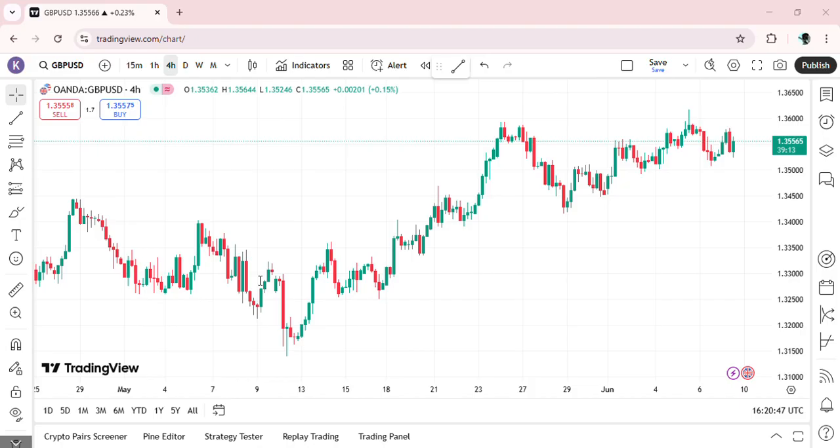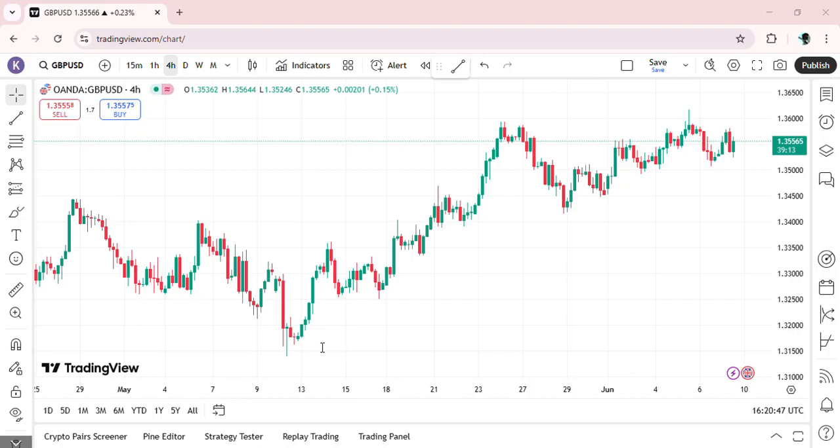Confirmation tools: combining trend lines with indicators like RSI, MACD, or Fibonacci retracement enhances accuracy in predicting potential market movements. As for me, I don't use indicators at all, so I don't check on them at all.